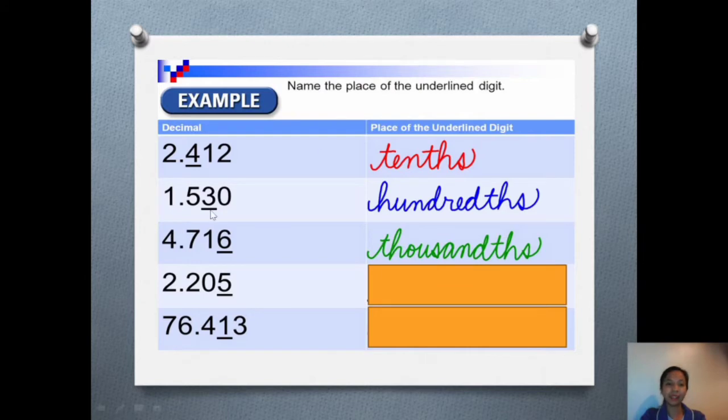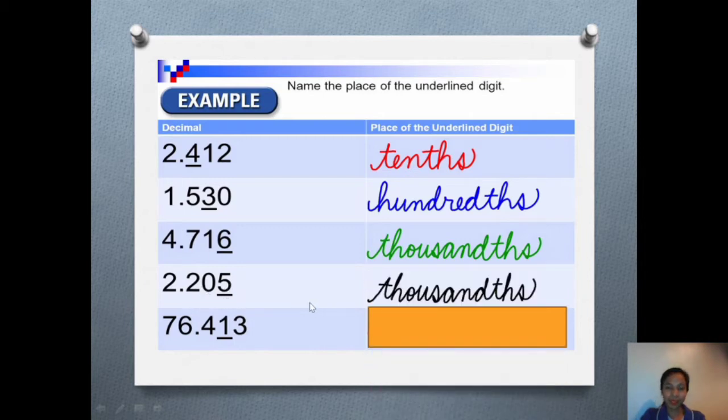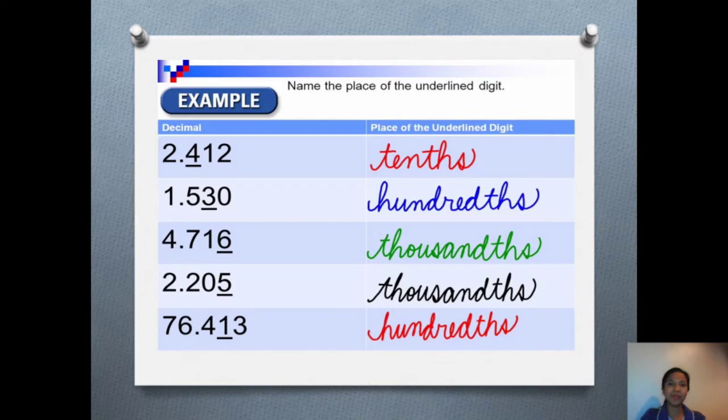Alright, next, what is the place value of 5? The number 5 is in the third place, which means thousandths. The same with this example. Alright. So now, the last one, what is the place value? It's hundreds. Alright, very good.